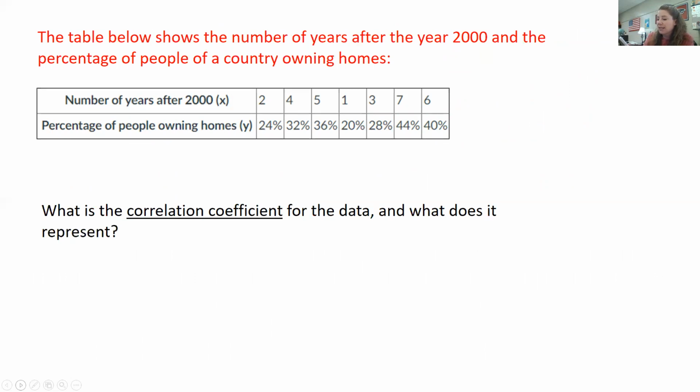We're going to enter all of the X values in the first column: 1, 3, 7, 6. Then we're going to arrow right and enter the percentages, 24, 32, in Y2, the second column, 36, 20, 28, 44, and 40.